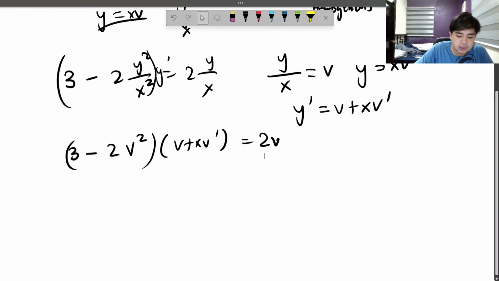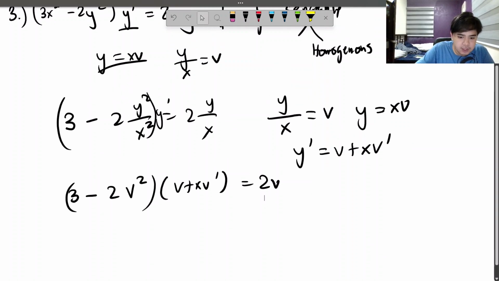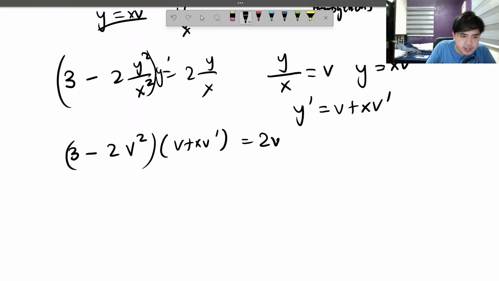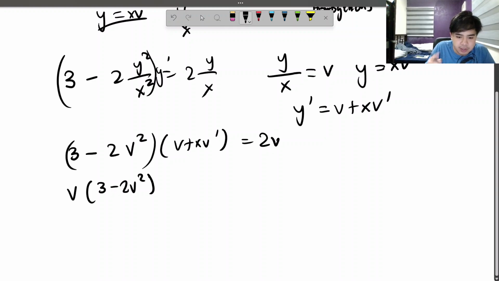So we have no choice but to distribute this entire thing. Actually, we can do this instead: v times 3 minus 2v squared. Trust me, that will save us a lot more pain later.